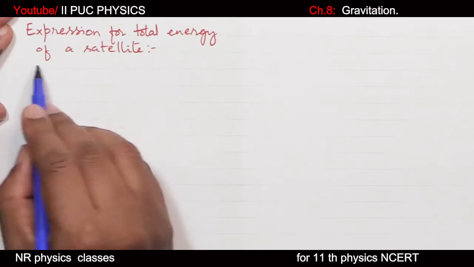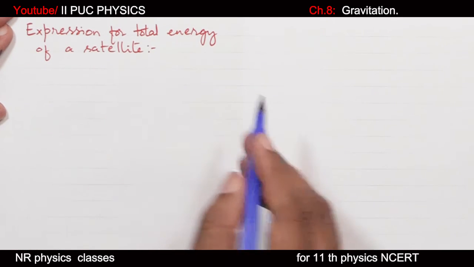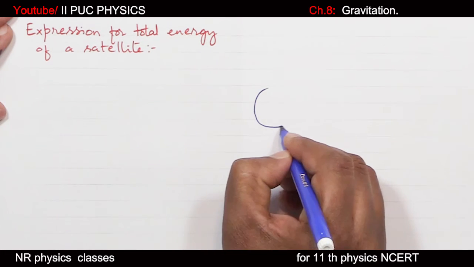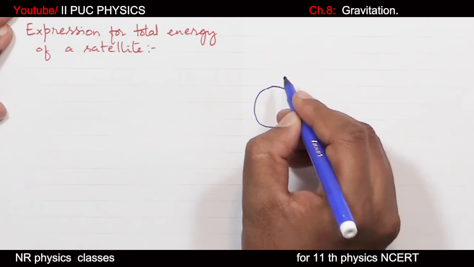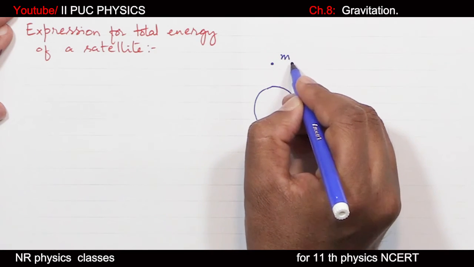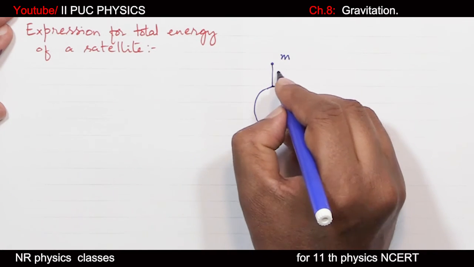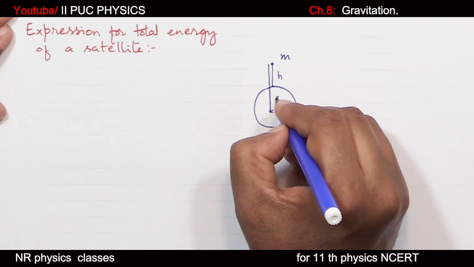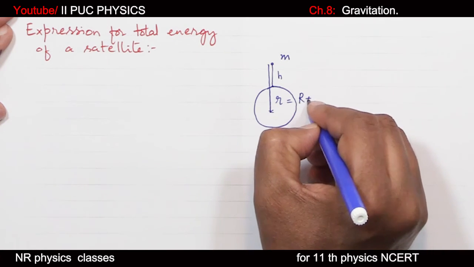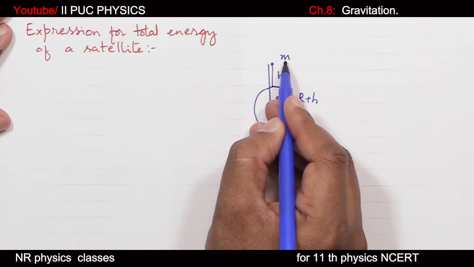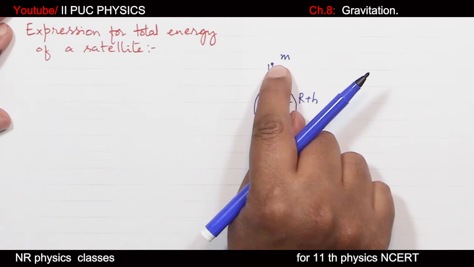Expression for total energy of a satellite. Observe, if this is the Earth, at some height a satellite of mass m is revolving. This height is h. Total distance is small r, which is equal to r plus h. If this mass is revolving, then it is revolving with some velocity.